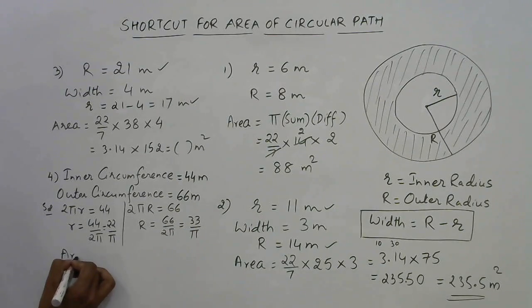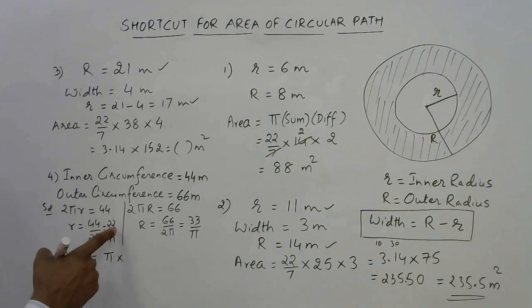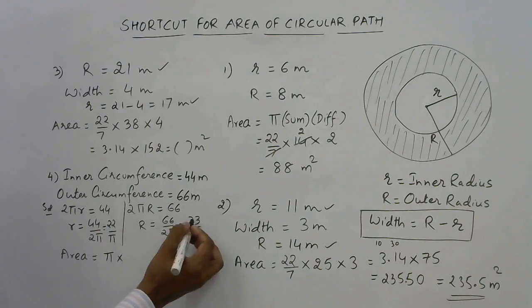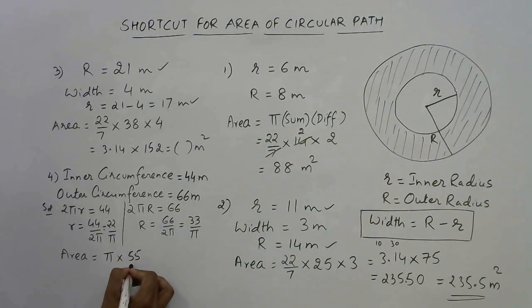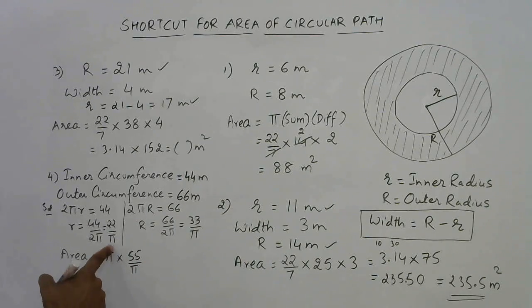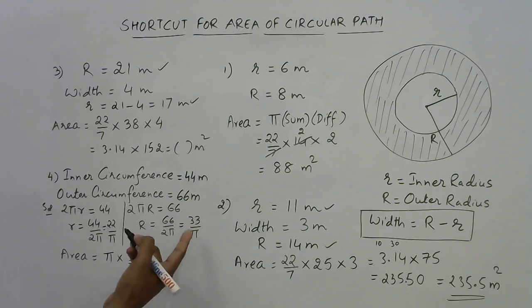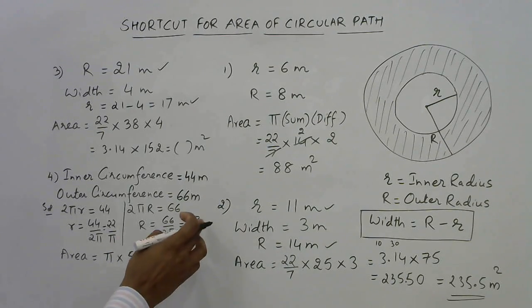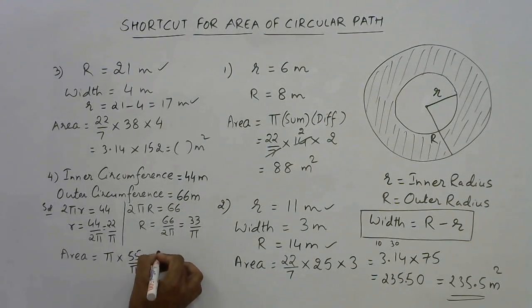Now use the formula for the area of the path. You have to write pi first. So I'll write pi as pi only, into the sum. When you take the sum of the two radii, 22 plus 33 becomes 55, with a common base, and we have pi as it is, into the difference. The difference is calculated using the simple subtraction of rational numbers. 33 minus 22 is 11, upon pi.